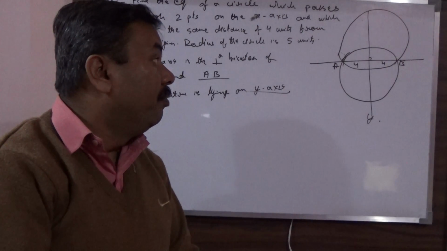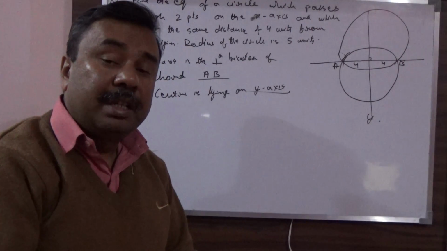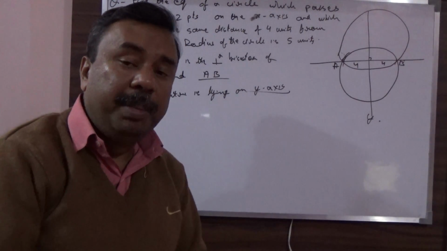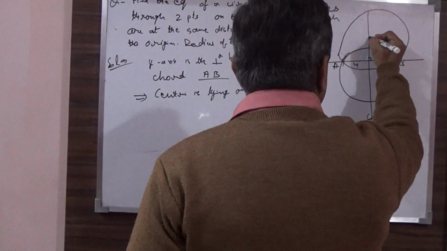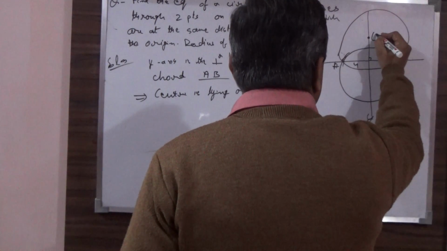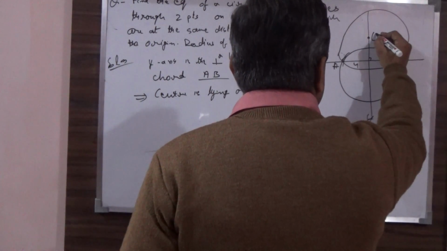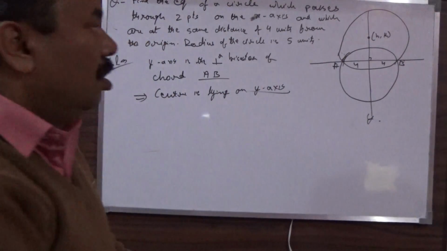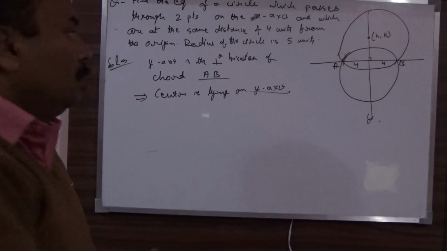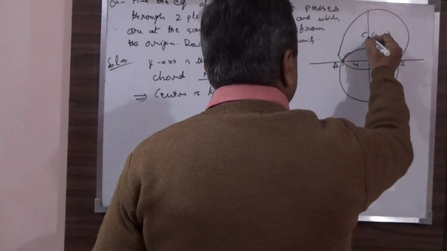I will take one of the circles and try to find out what the center will be. Suppose that this is my center, and I assume it to be (h, k). Join this AC.